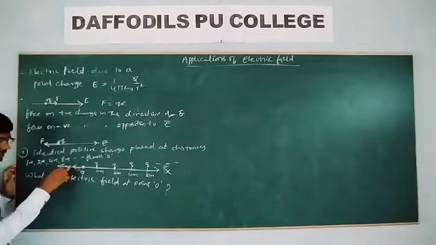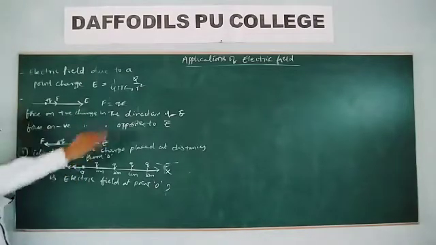Then the resultant electric field is E1 plus E2 plus E3 plus E4 and so on, for the number of charges we have.